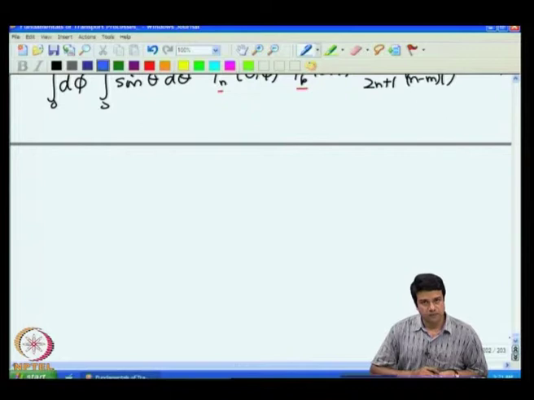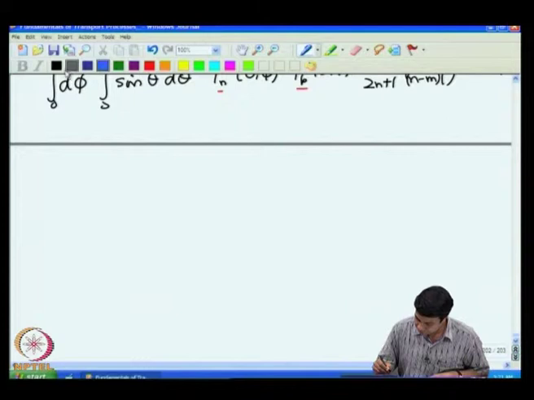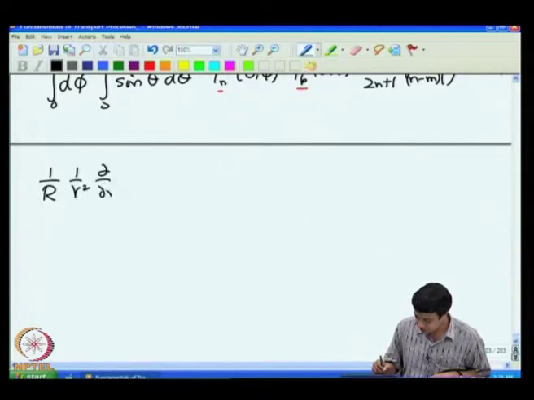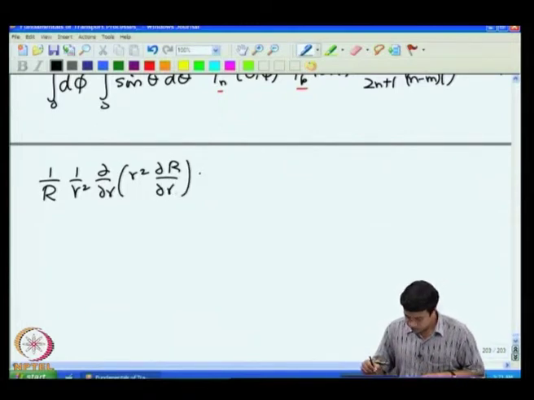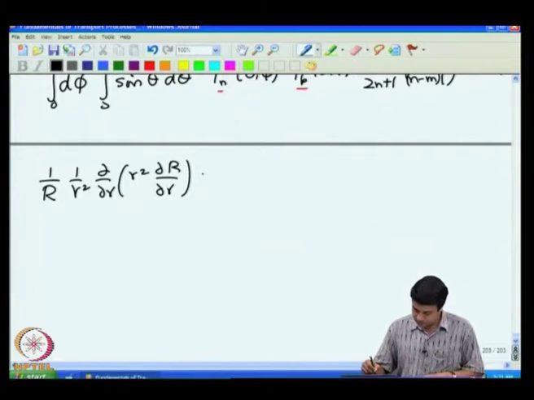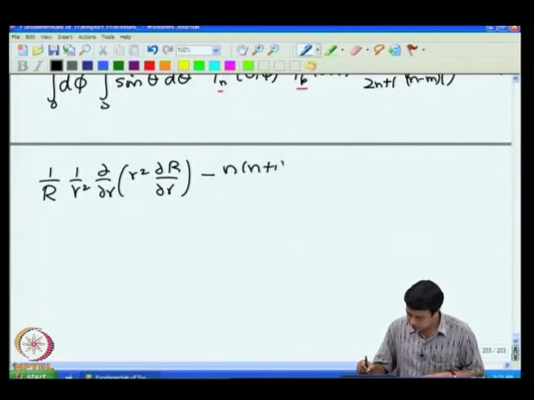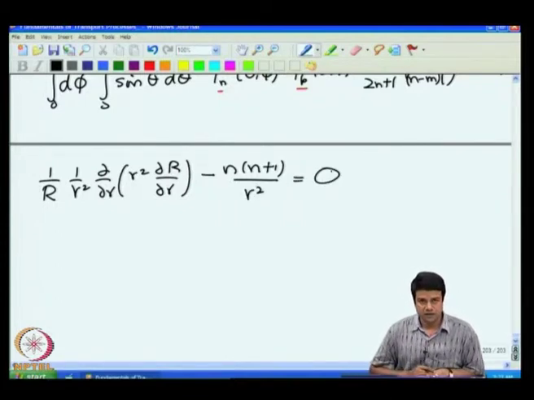And now finally, we are left with solving the equation for the r coordinate. The equation that we are left with is 1 over r square d by dr of r square partial R by partial r, minus n into n plus 1 by r square R is equal to 0, where n was the discrete eigenvalue for the Legendre polynomials that I had earlier.